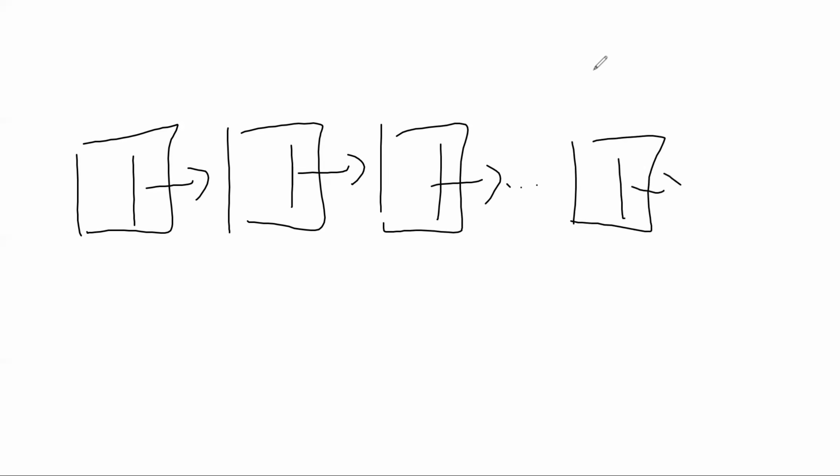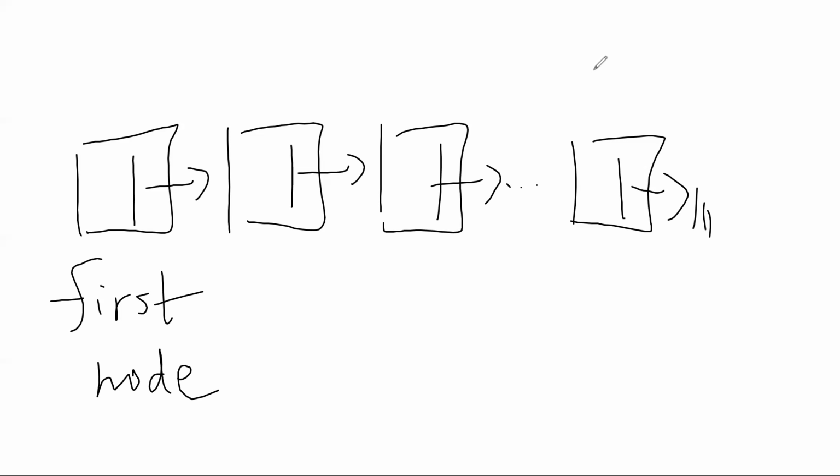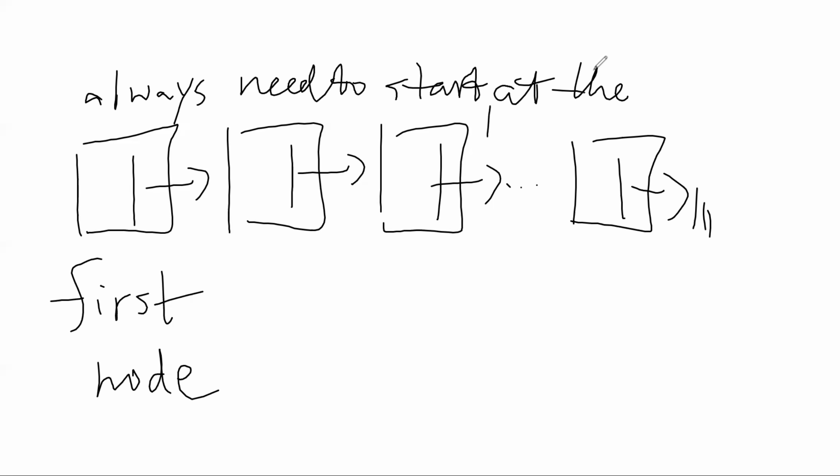But for our linked list, we just said you basically only know the first node. You only know your first node. So how do you get to the other nodes that you want? You always need to start at the beginning.